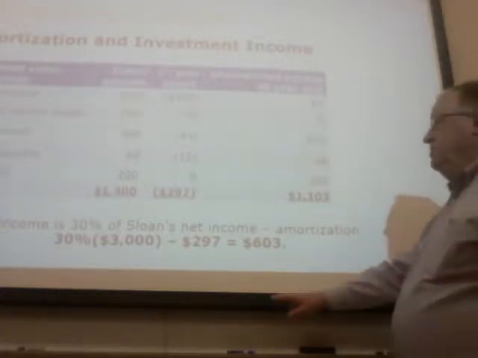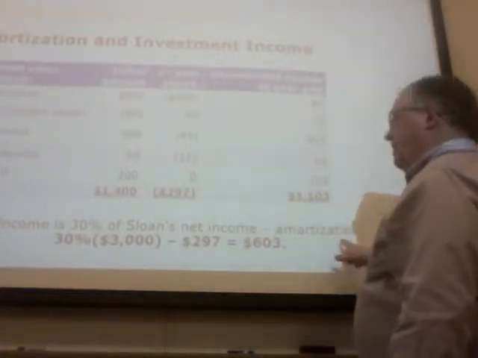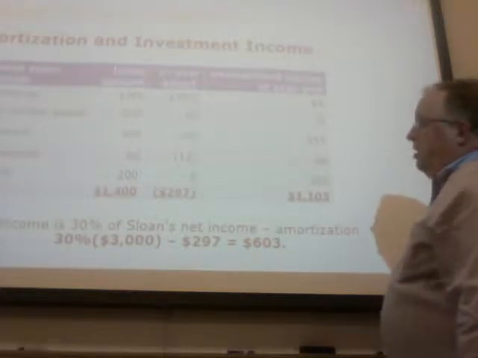So investment income is 30% of Sloan's net income minus amortizations. Oh, I'm sorry.